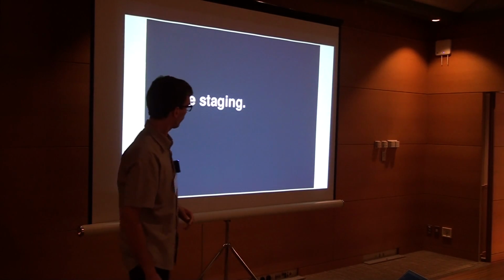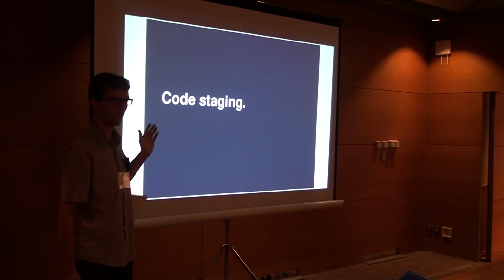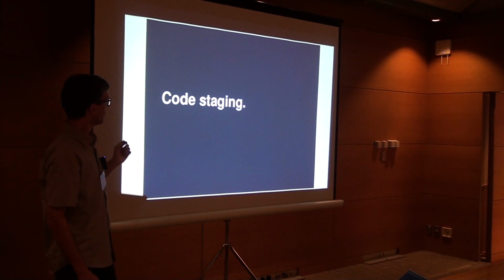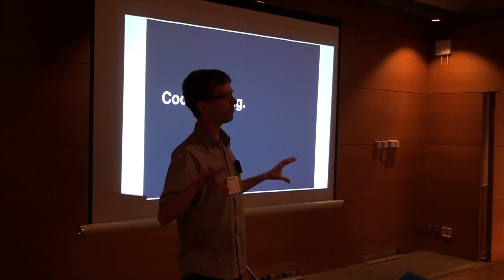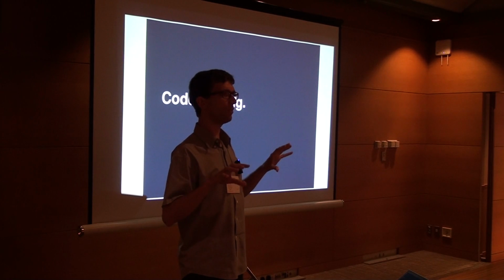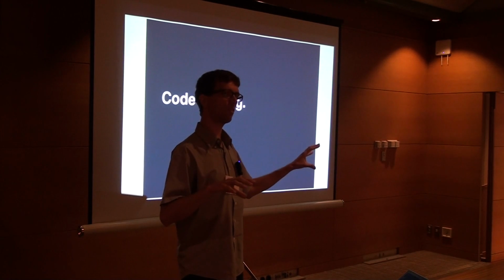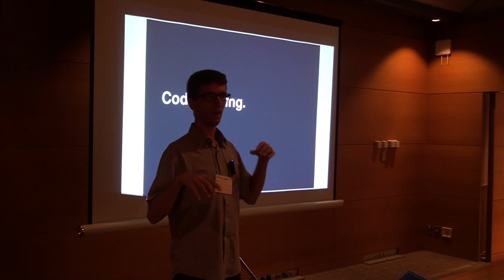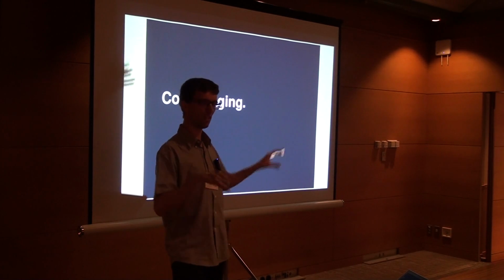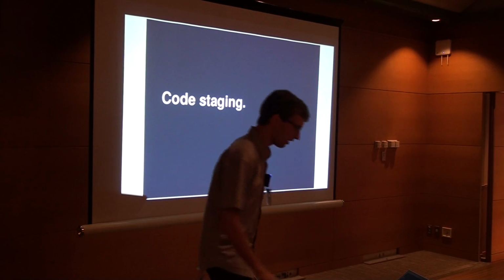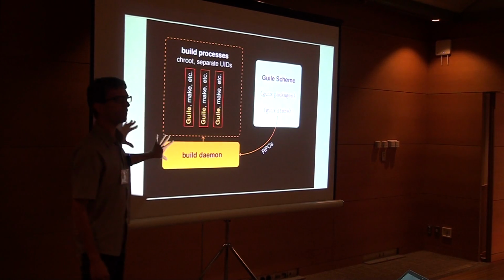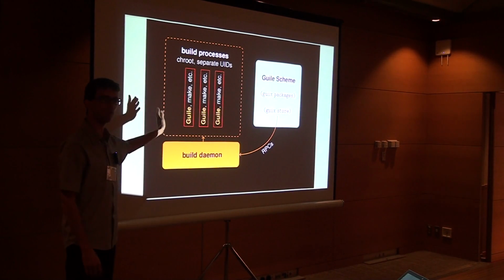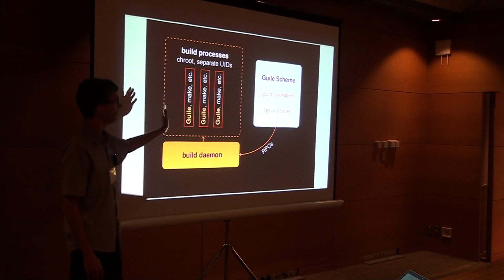Which brings me to my next topic, which is code staging. Since we have Scheme code in very different places, we need ways to generate Scheme code that is going to be useful and that we can run in those different stages. If you remember that diagram, we already have two stages of Scheme code.